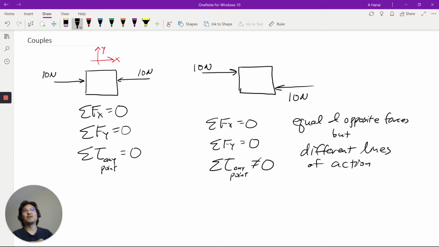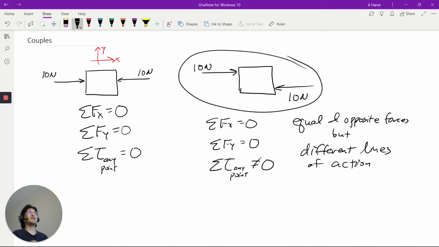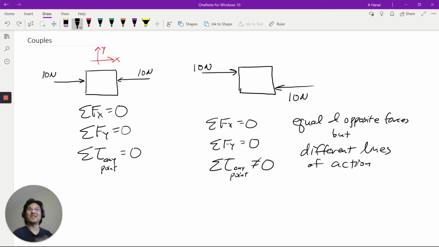So together, these two forces form a couple. Couple means two, right? So that's why there's two. This is a couple. And then you can represent it, just these two forces, you can just draw it as a single curved arrow like this.